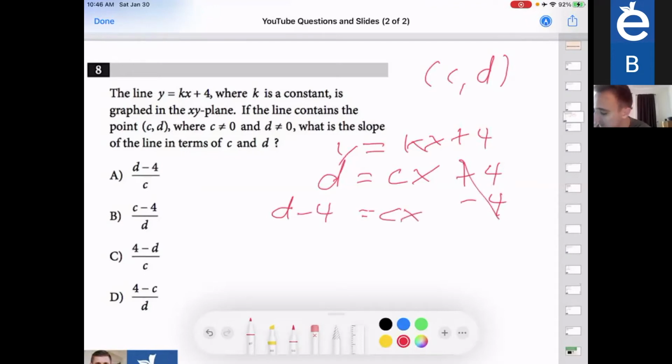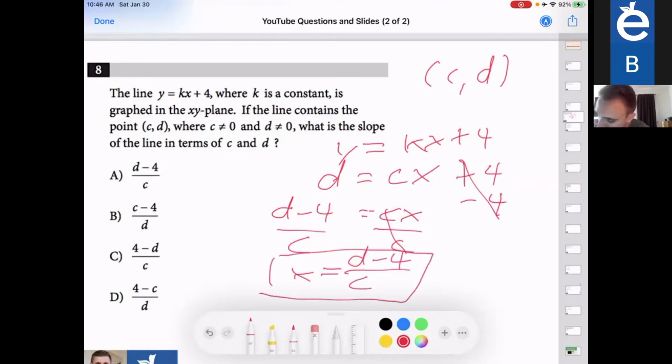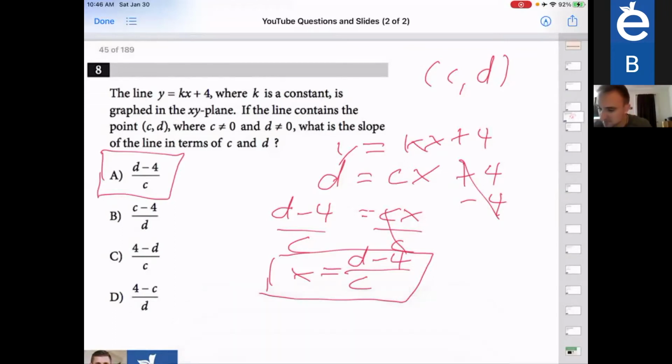I'll divide by c, so my x term here is now equal to d minus 4 divided by c. D minus 4 divided by c looks like a.